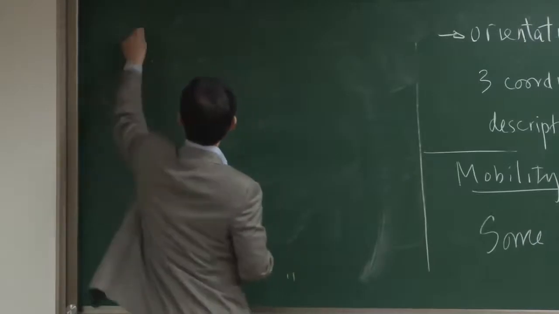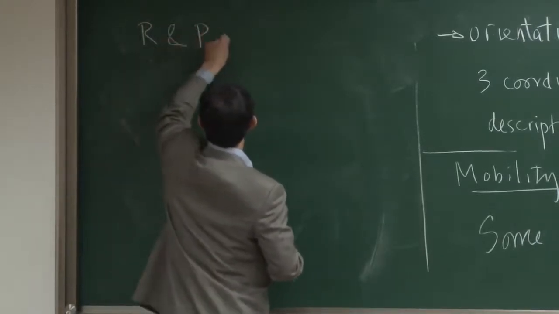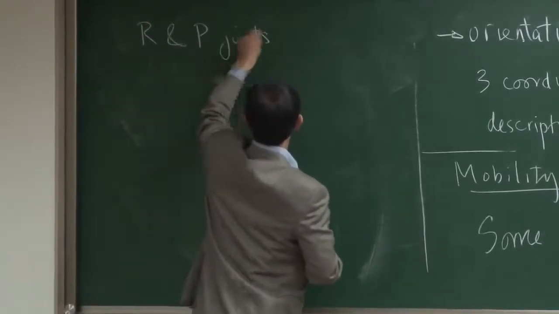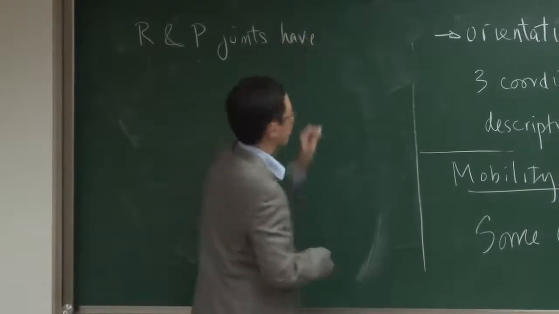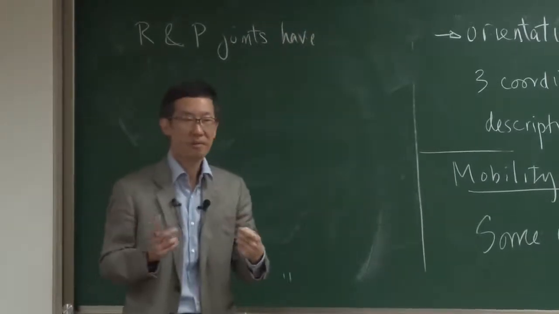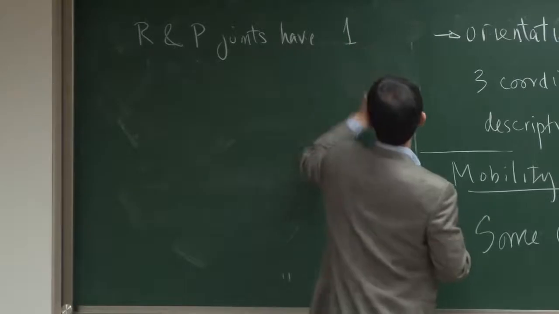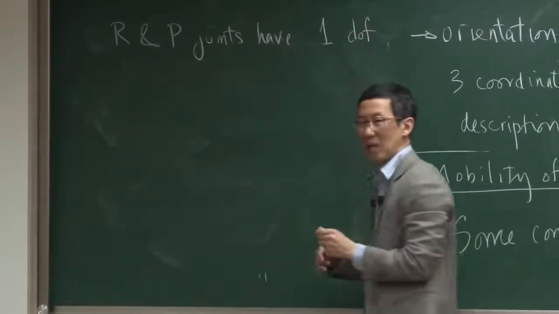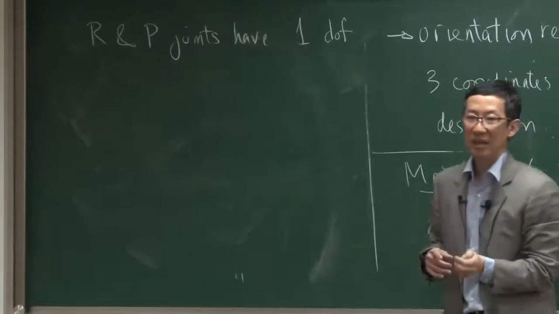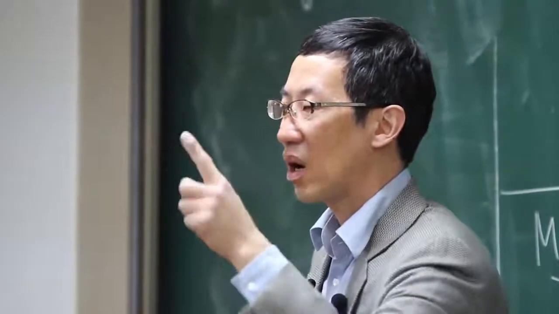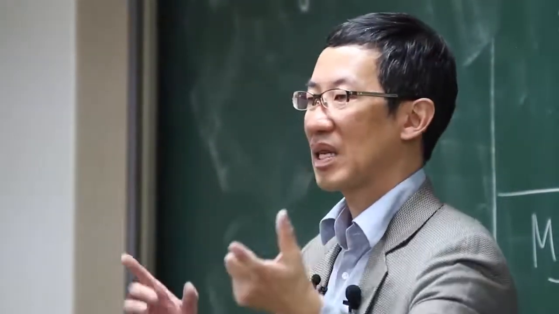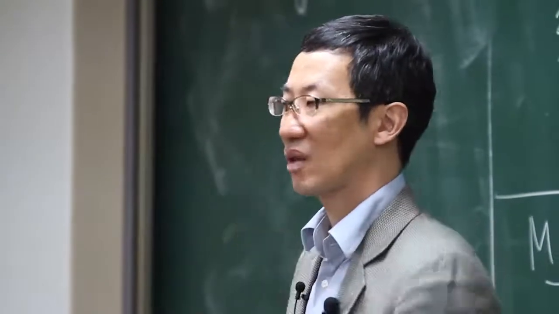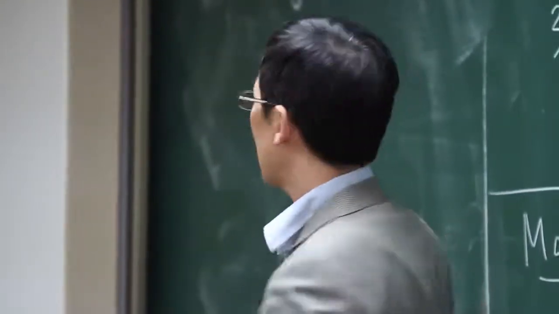So the R joint has 1 degree of freedom. Let me just write DOF for degrees of freedom. If you specify 1 coordinate, that specifies the position of the joint.